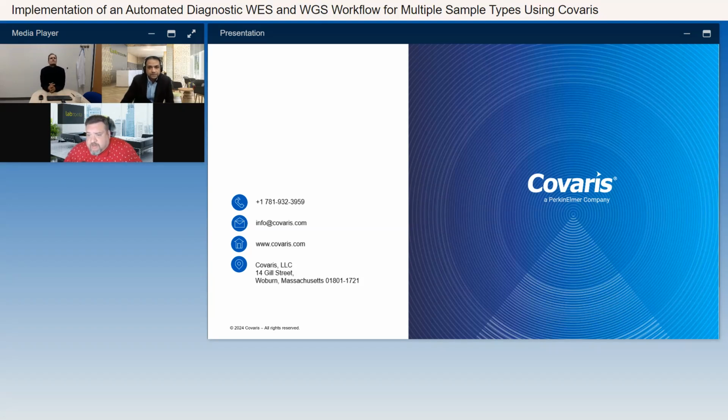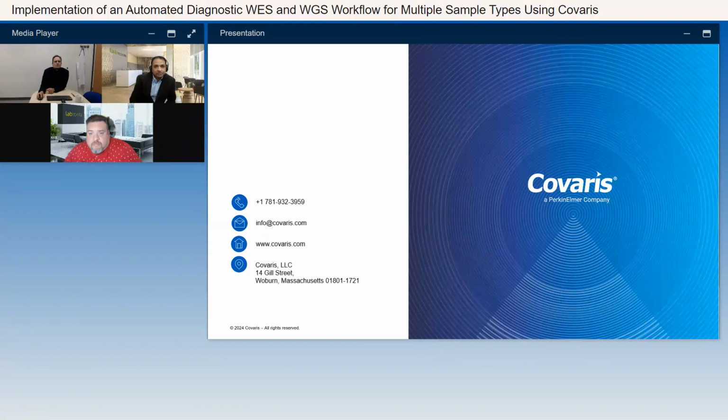What are the fragment sizes and sample volumes supported by the Covaris shearing? Yeah, I can take this. Thank you, Matt. Covaris shearing is optimized for a wide range of fragment sizes from 150 base pair to 3 kb and even up to 5 kb.